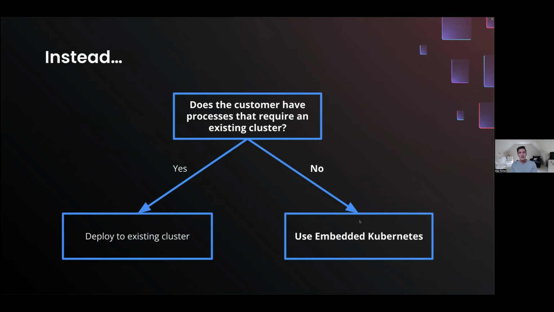Do you have a cluster? We use the cluster when it's necessary, but we default to using embedded Kubernetes. That switches the script a little bit. And so for the rest of this talk, I want to talk about why I think this is a really good way of looking at this and why embedded cluster and embedded Kubernetes can make it so much easier to deliver your application into your customers' environments.